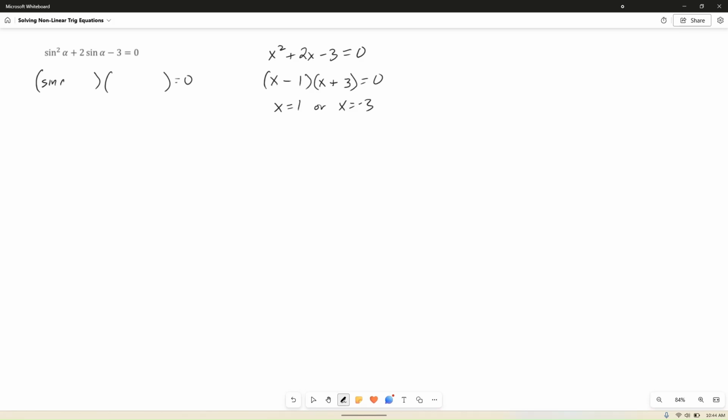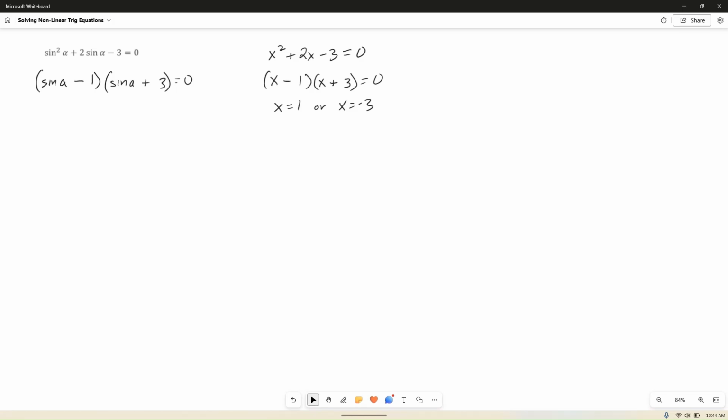So that means the first term in each parentheses has to be a sine of alpha. And the last number in each parentheses has to multiply to give me a 3, which means it's a 1 and a 3. And the 1 and the 3 have to add together to be a positive 2, right? So that again means that the 3 has to be positive and the 1 has to be negative.